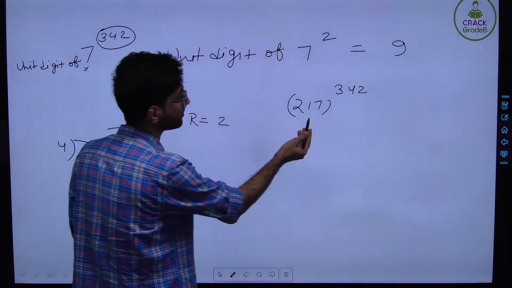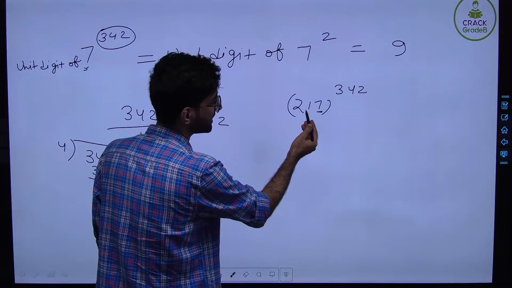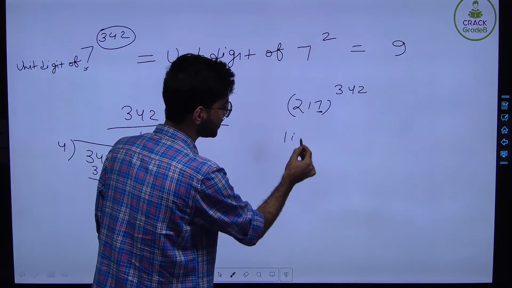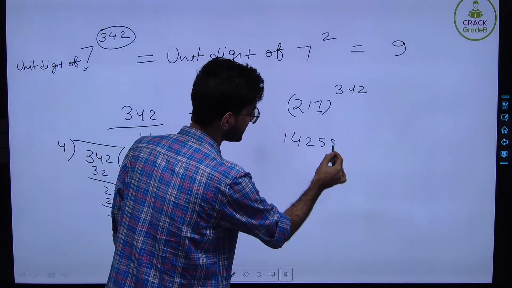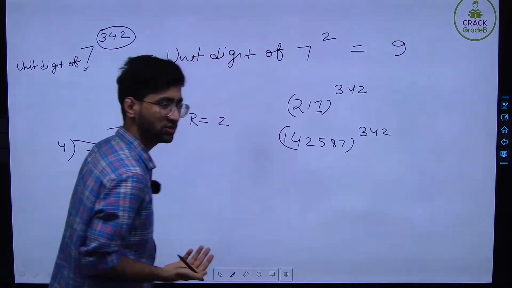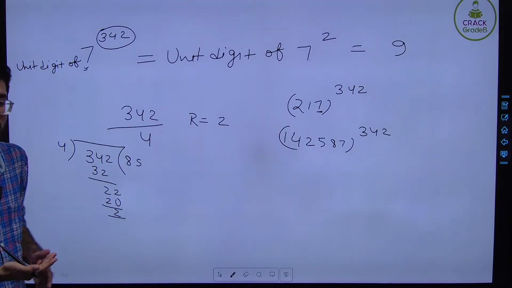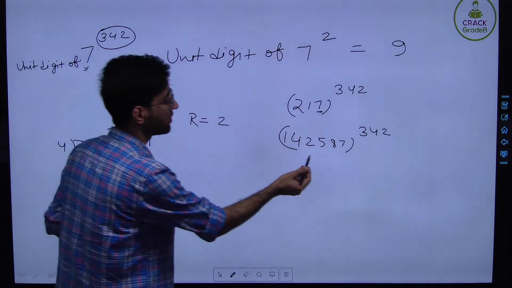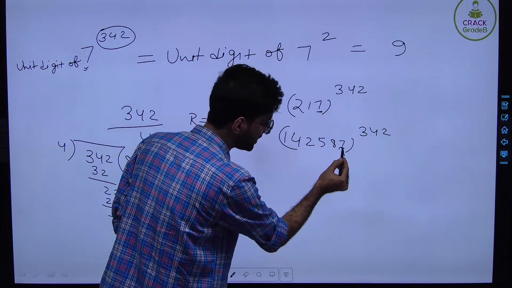We only need to answer the unit digit, so it doesn't matter what you add here. If I ask you 142,587 to the power 342, again the answer will not change. We have solved so many questions related to this concept in yesterday's lecture. We only need to look at the unit digit.